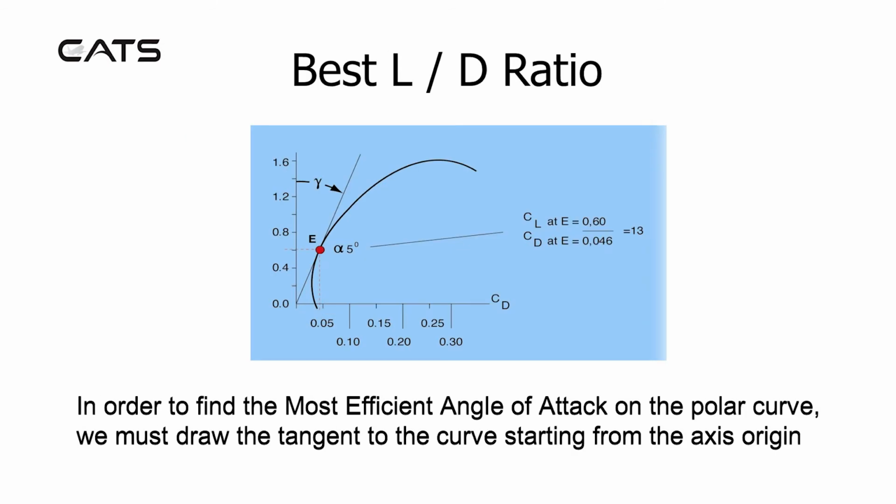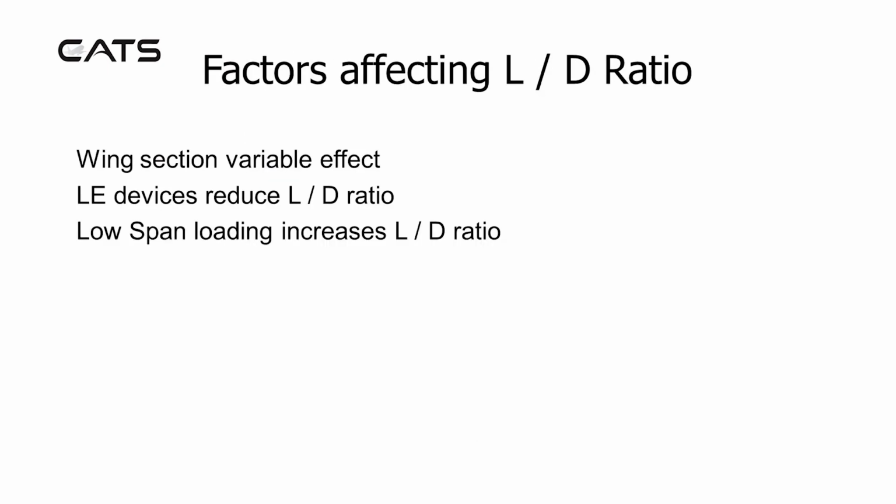In order to find the most efficient angle of attack on the polar curve, a line drawn as a tangent to the curve starting from the axis of origin will show the greatest CL to CD ratio and the corresponding alpha.